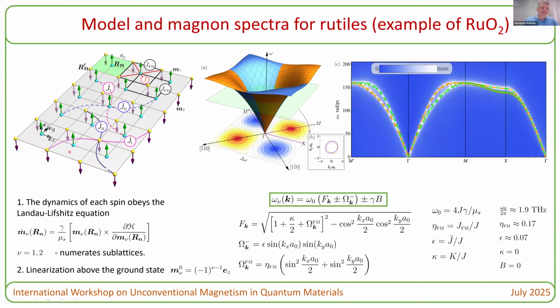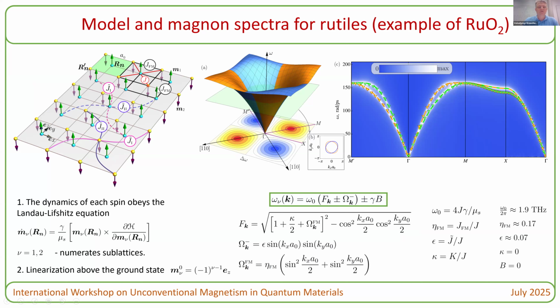So here we see the very simplified model of rutile, which can be thought of as a bilayer rutile. We have two sublattices, yellow and blue balls. They are magnetized oppositely. The main interaction here is antiferromagnetic exchange between the sublattices.